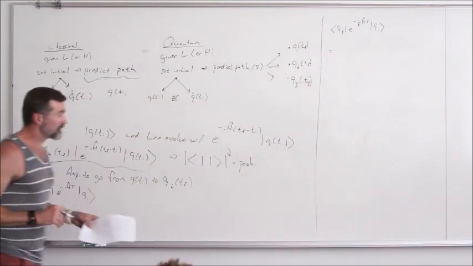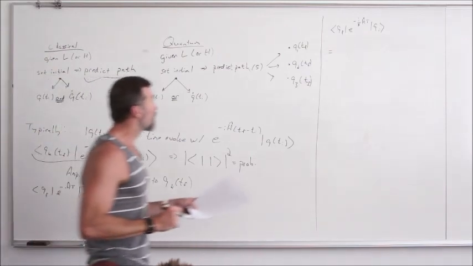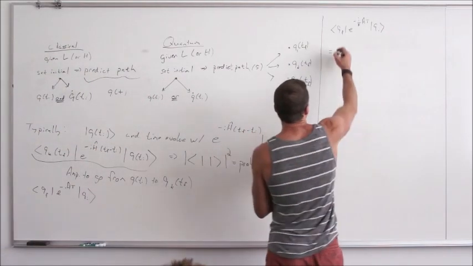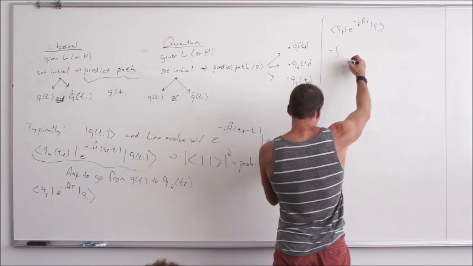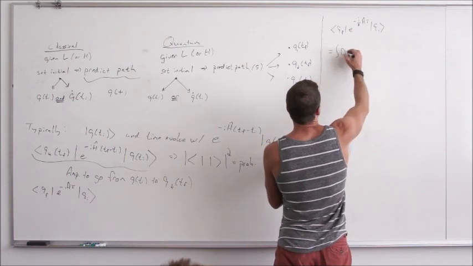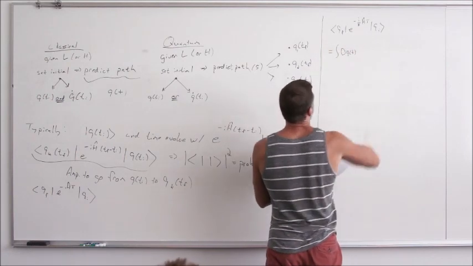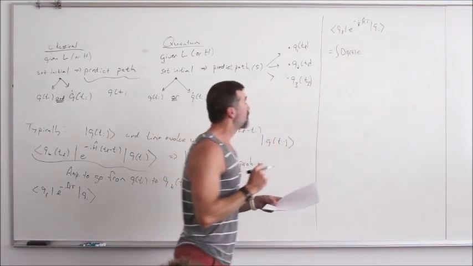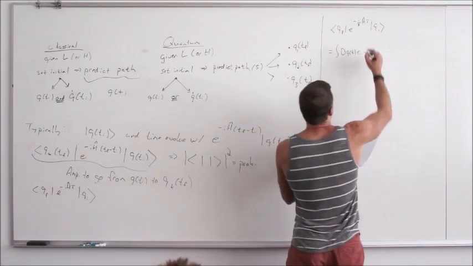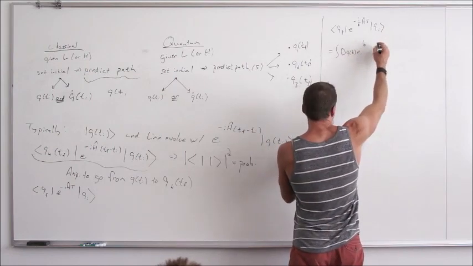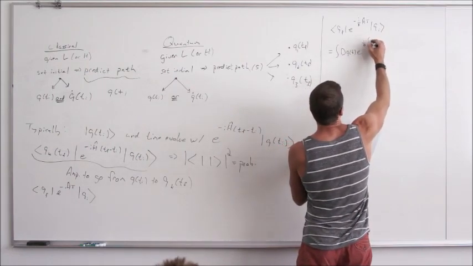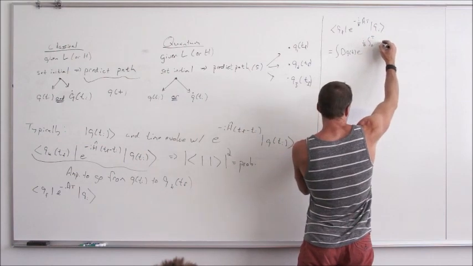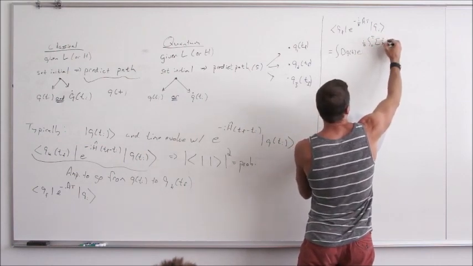Again, this is in the lecture from the spring, but this entire page derives the following result. This thing is essentially an integral over the paths connecting Q initial to Q final, where each path is weighted by an exponential, which is given by this expression.